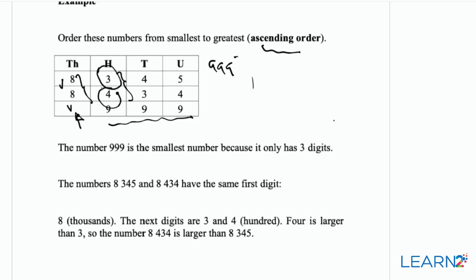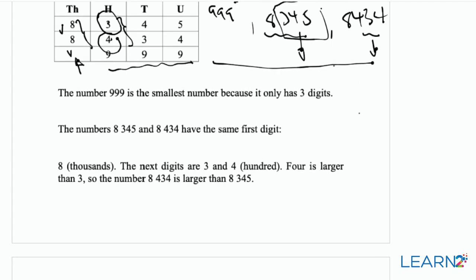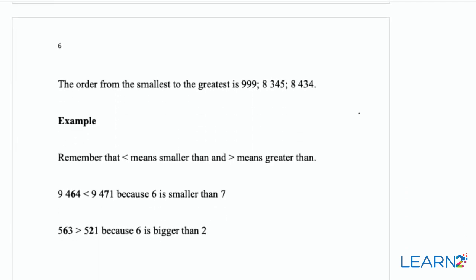If we're going up, we need to write 8345 next, because we need the largest one last. The largest one is 8434, because the 4 is bigger than the 3. So 8434 is bigger than 8345, because 345 is 345, whereas 434 is 434. So those are your numbers arranged in ascending order, or smallest to biggest.